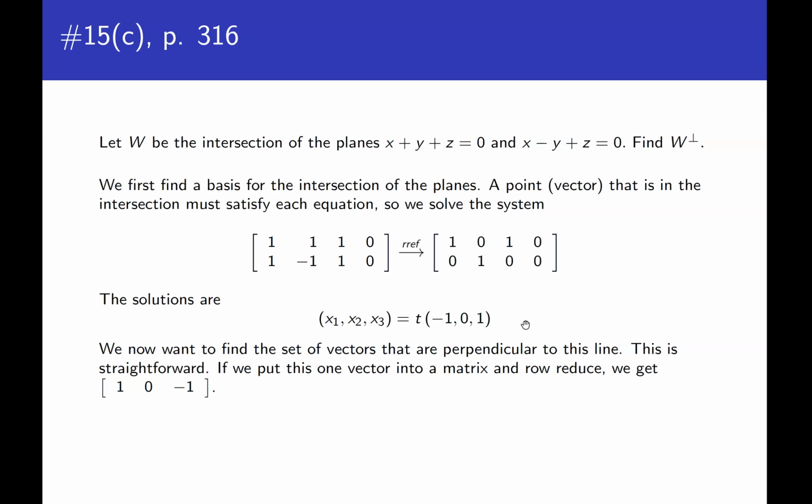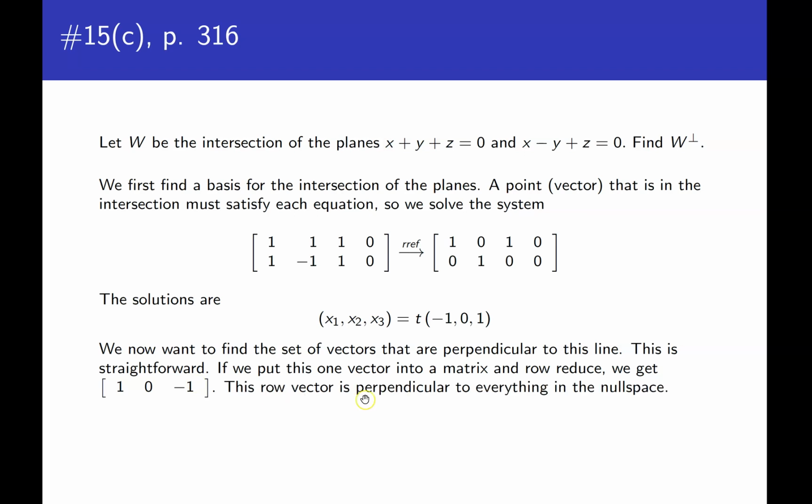Talking about what we've done in class, we know the orthogonal complement is the null space of the matrix formed by the rows of the vectors we're given. In this case, we're only given one vector. Putting that in a matrix and row reducing it is pretty easy, right? Because we just need to multiply through by -1.